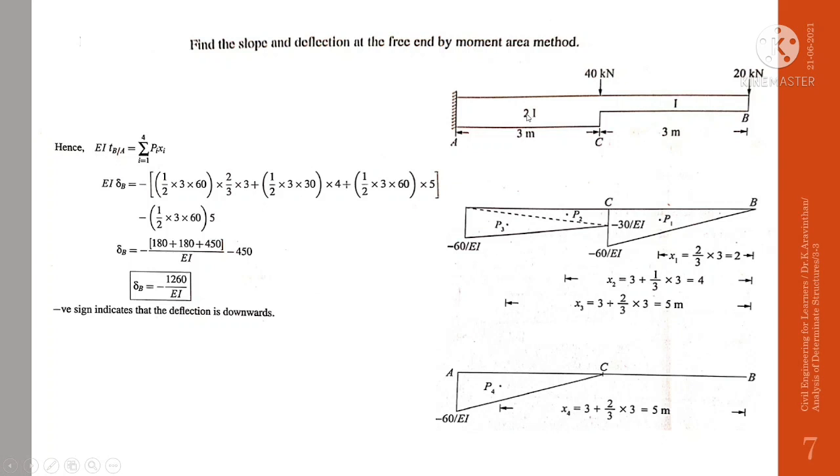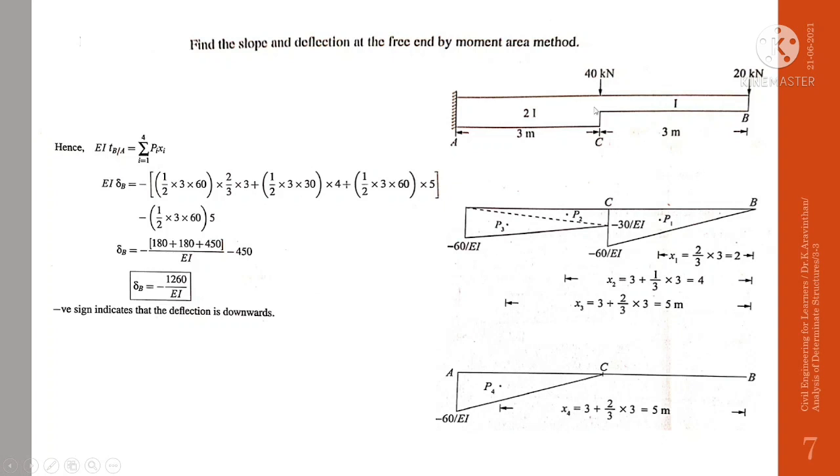Here the value is given in terms of I, so if this is the moment of inertia, this is twice the moment of inertia. So if you divide 120 by EI, you have to substitute I with 2I. If you cancel 120 by 2, you will get 60 by EI. So that is your revised area for this section.